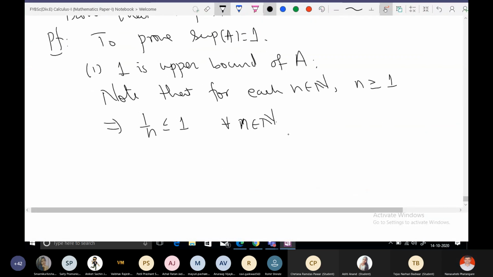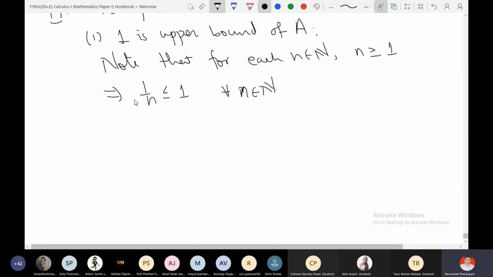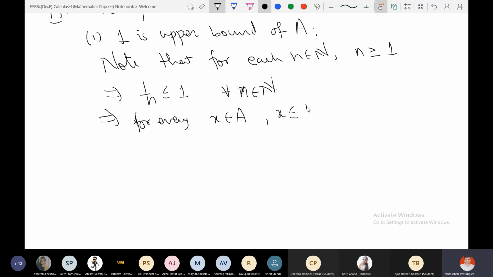So every natural number is greater than or equal to 1. Therefore, for every natural number n, 1 by n is less than or equal to 1. That means every such element 1 by n is less than or equal to 1. That means for every element of A, that element is less than or equal to 1.